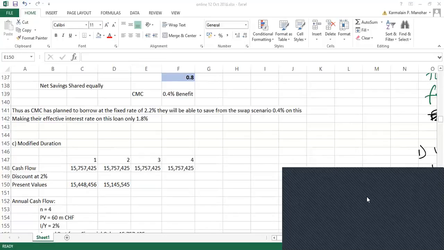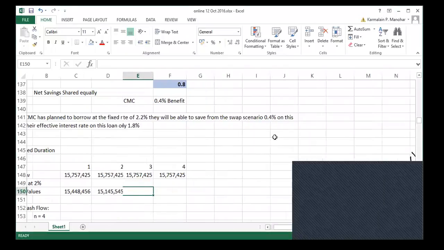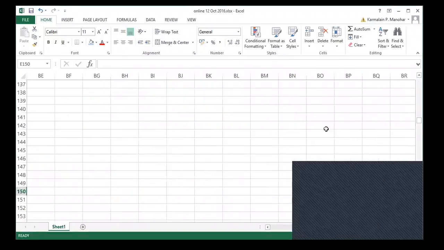I can't remove this window. That's so silly. All right, so, oops.